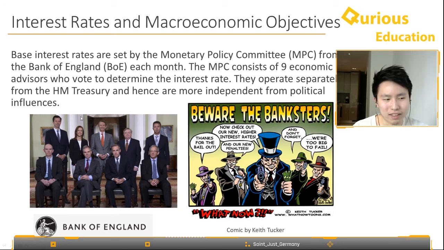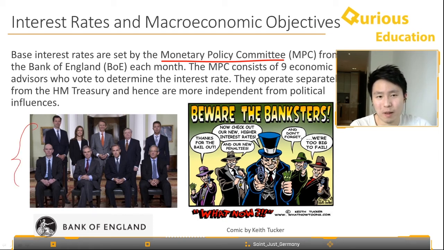So beware the banksters. The base interest rates are actually set by what we call the Monetary Policy Committee. The Monetary Policy Committee is these gentlemen, so they might have changed by now.